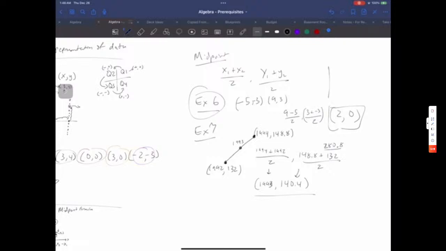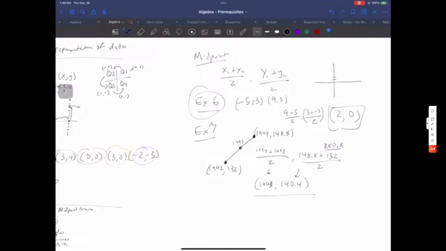If we draw a graph, just to make it visible, we have 9, 3 way over here, and negative 5, negative 3 over here. Oh, that's very poor. Okay, you know what? I'm going to make that much better.